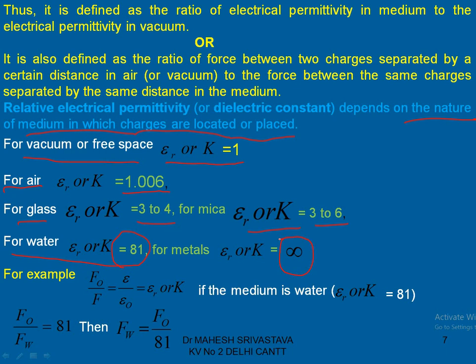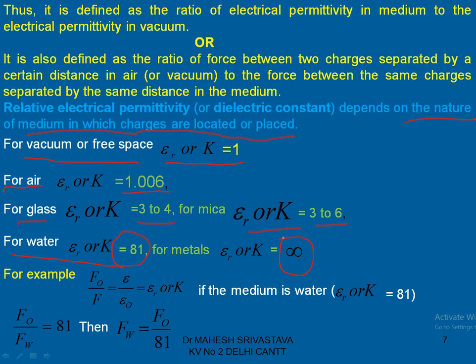You remember these two values also, because in CBSE in previous years they asked in a 1 mark question what is the value of water, and in case of metal, of relative electrical permittivity or dielectric constant.